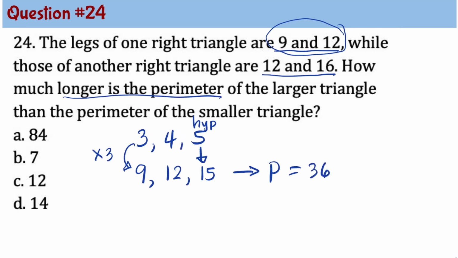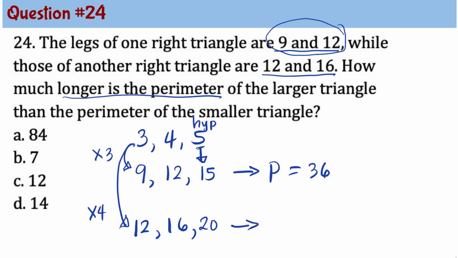The second triangle has legs 12 and 16. Again, based on the 3, 4, 5, we need to multiply this by 4 to get 12. 4 times 4, we get 16. That means the hypotenuse should be 5 times 4, which is 20.